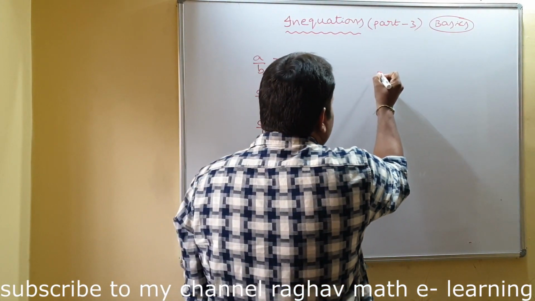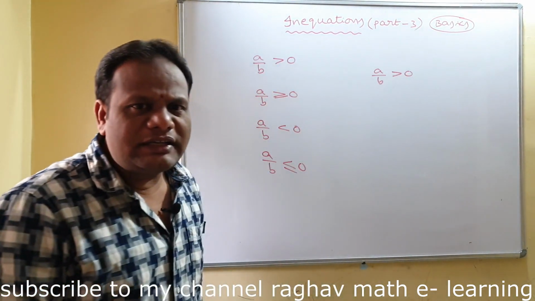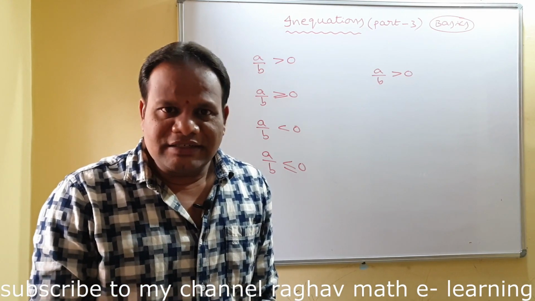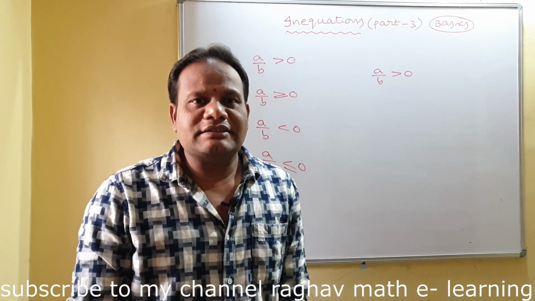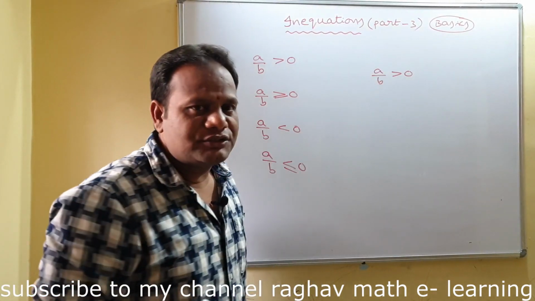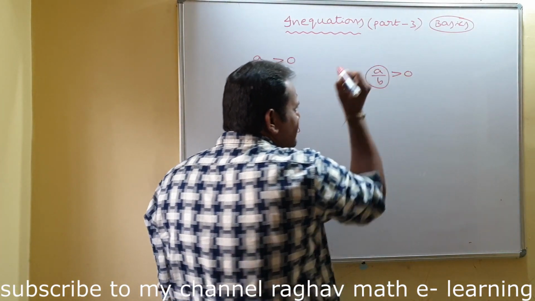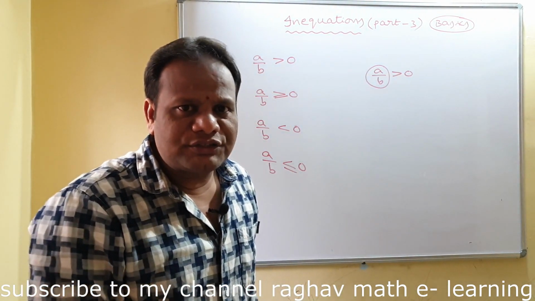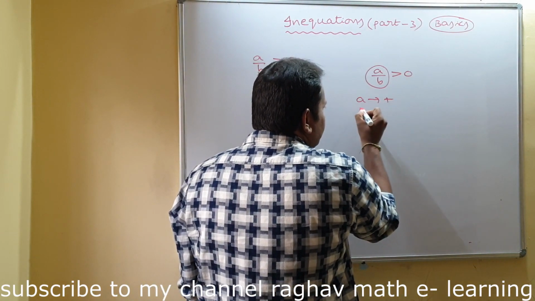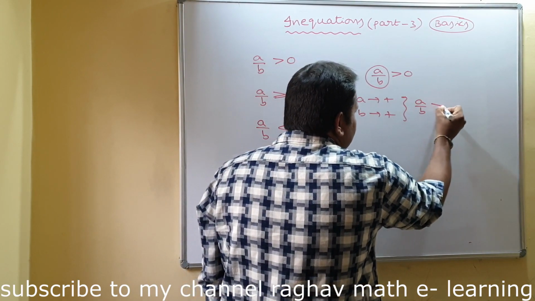See, coming to the first case, a by b greater than 0. What is its meaning? A by b is positive. You know that greater than 0 means it is positive. Here a by b is a fraction, right? So when it is positive, a is positive, b is positive, then a by b is positive.